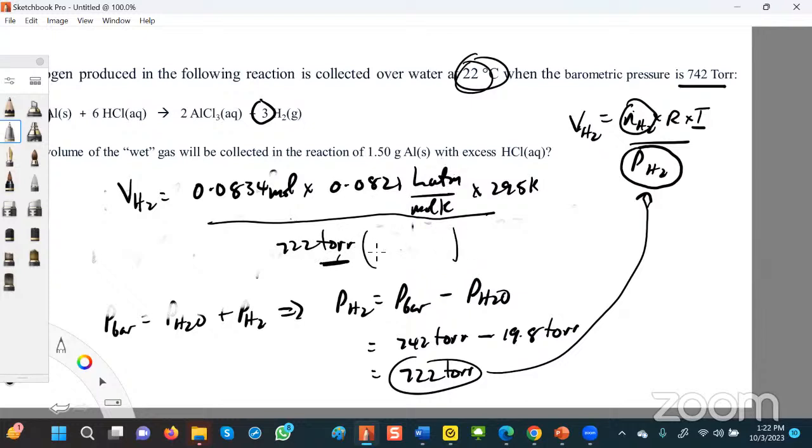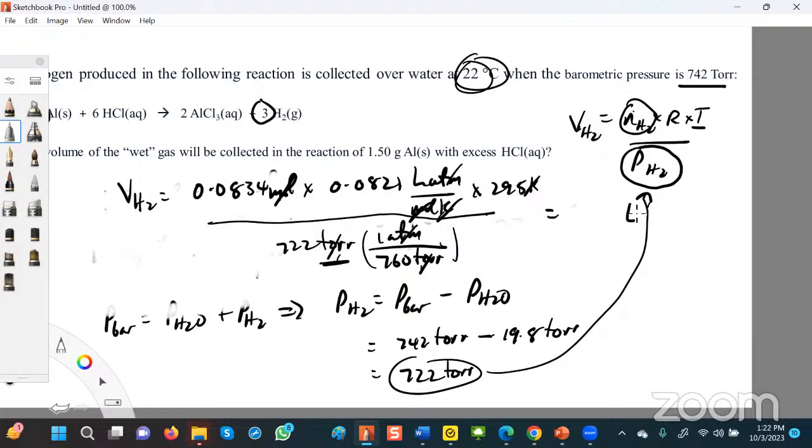So I would convert that to atmospheres. If you look it up in the document that I've posted in Canvas, 1 atmosphere is equal to 760 torr. In terms of units cancellation, the moles will cancel out, the kelvins will cancel out, the torrs will cancel out, and the atmospheres will cancel out, so your final answer would be in liters. Let's see what that gives.